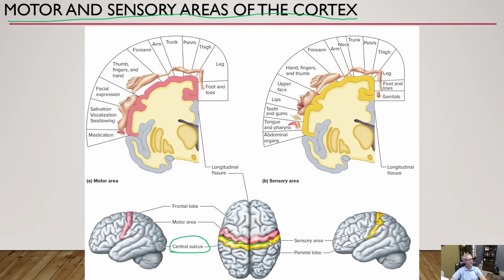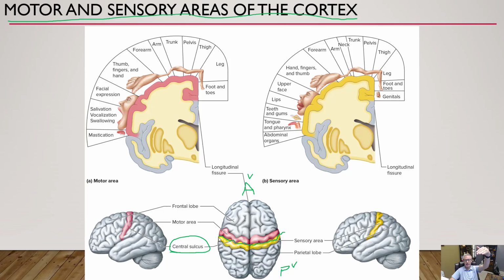Remember, the definition of a sulcus is a shallow groove. So there's our central sulcus, and this is the anterior portion of our brain, and this is the posterior portion. So this would be the front of the body up here, and this is the back of the body back here.